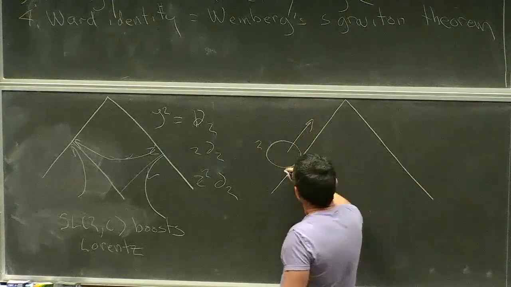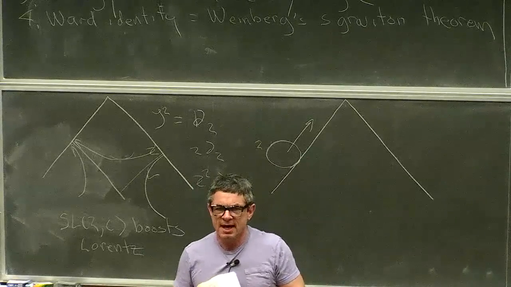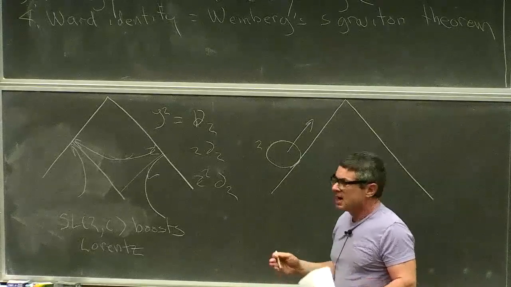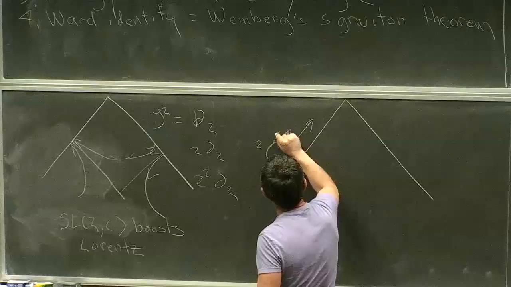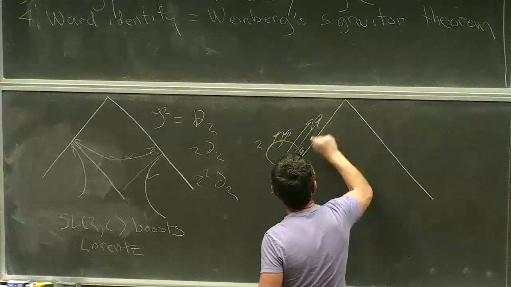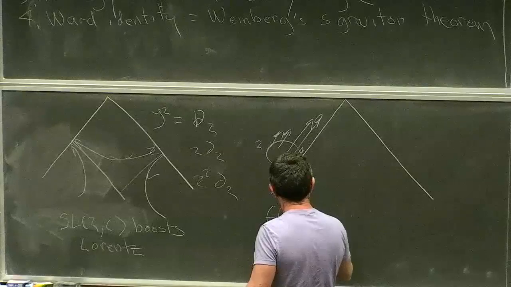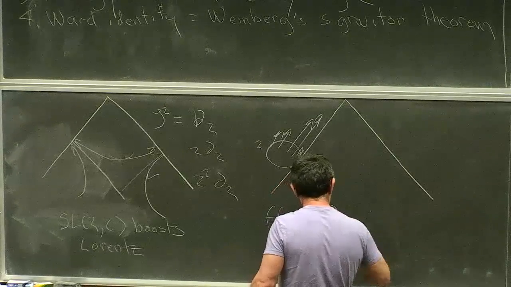But in fact, the theory on Scri plus is, in a sense, ultra-local. And you can independently translate every point on Scri plus. They don't have to have the same magnitude. So the supertranslations are generated by f of z, z bar, d du.